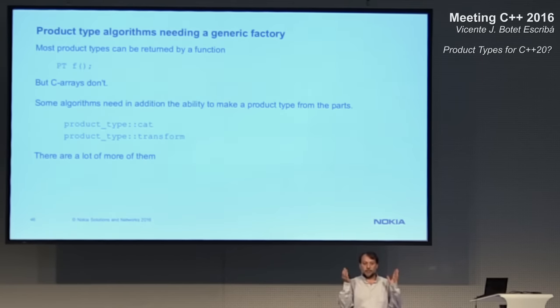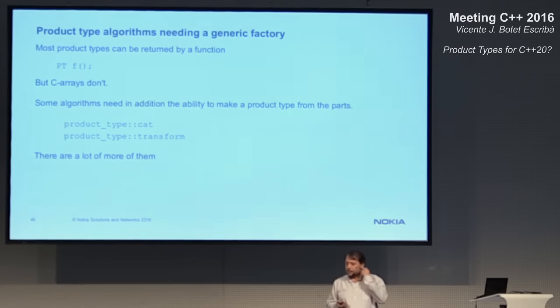They copy only the pointer. Then we are unable to do that. So when working with generic code, don't use C arrays, use std array instead.